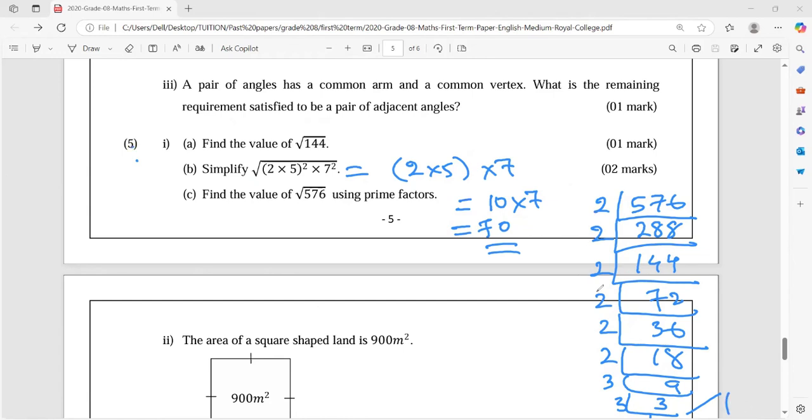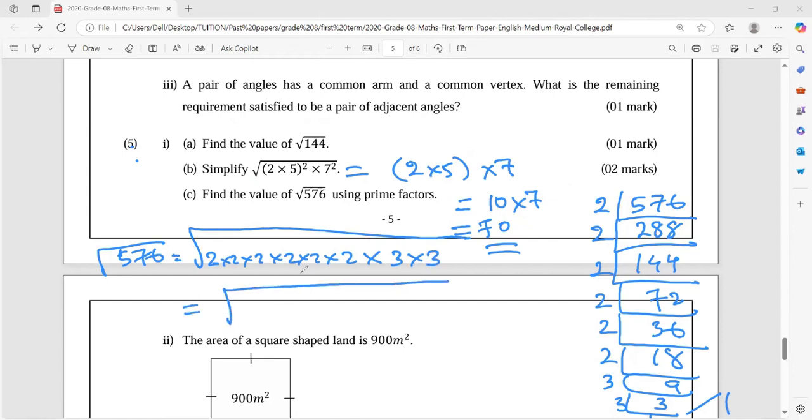Therefore, you can write this: √576 equals, within the square root, 2 into 2 into 2 into 2 into 2 into 2, six 2s, into 3 into 3. Then we can take this as 2 to the power 6 into 3 to the power 2.